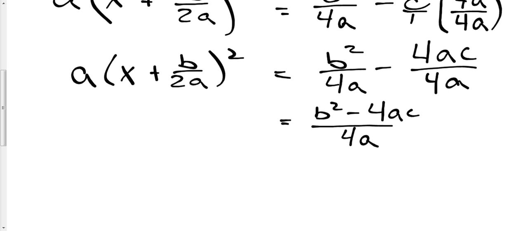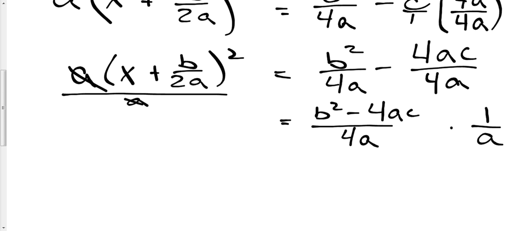What's my next step? It's starting to look familiar, isn't it? How do I get rid of this a? Divide both sides by that a. If I divide this side by a, that goes away. That's also multiplying by 1 over a; multiplying by the reciprocal is the same as dividing.